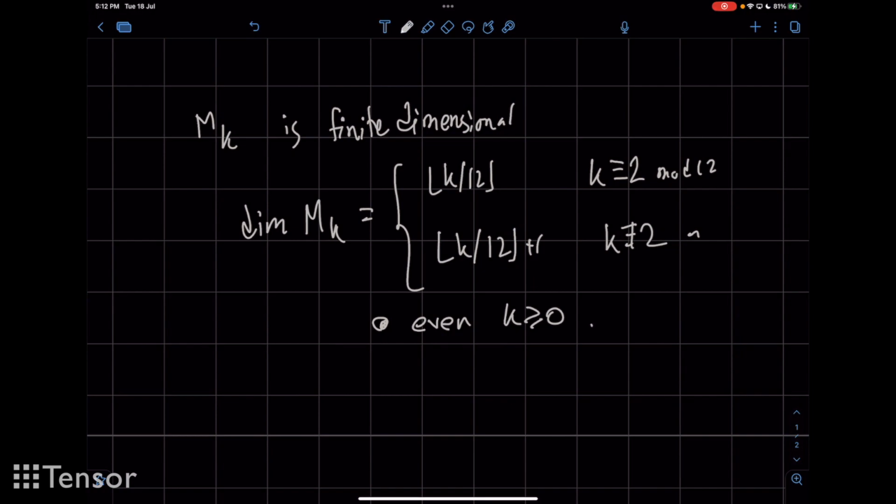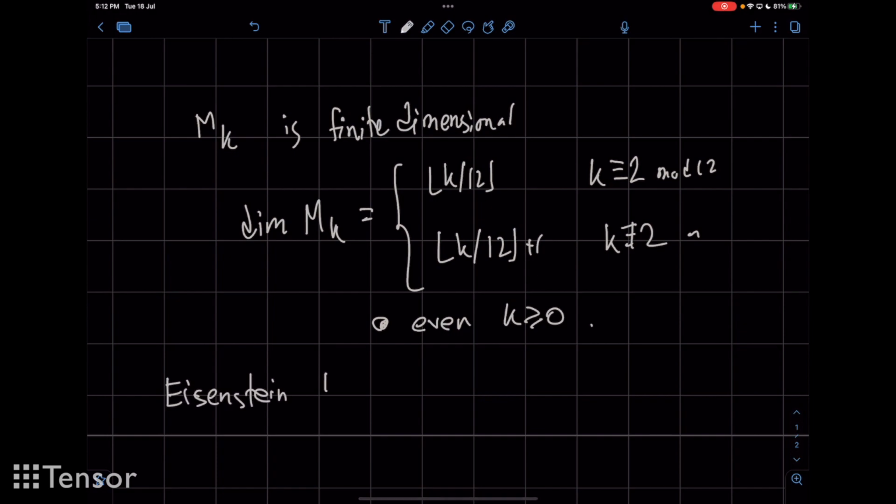And we have seen that for odd k, the only modular form of odd weight is the constant zero function, and last time we proved that the only modular forms of negative weight are also the constant zero function, right? Also, we have seen a basis of M_k, and that basis is called the Eisenstein basis.